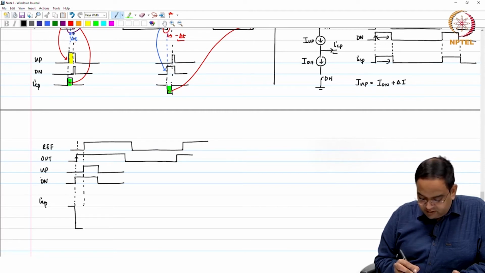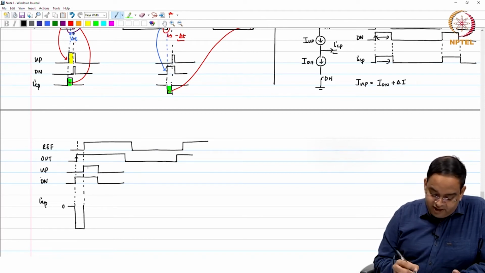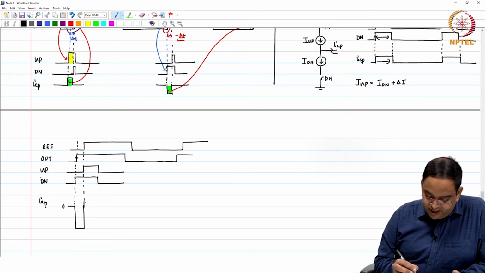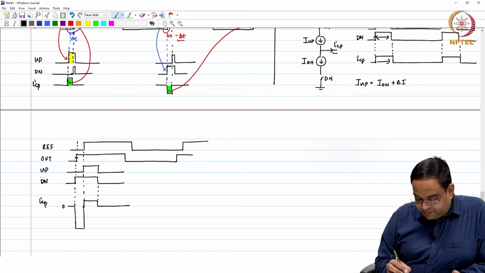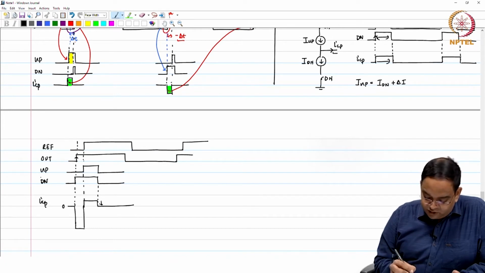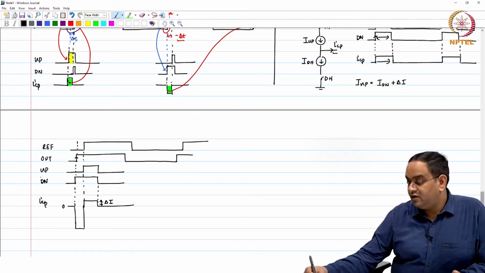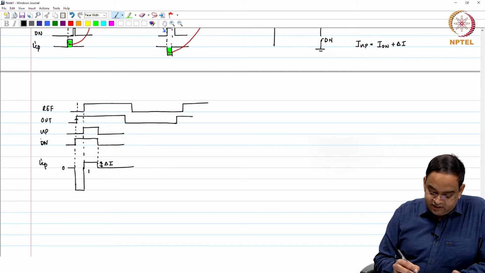I am just doing it like this, from 0 level this is going to be minus I down, and when you have up and down both the pulses high, at that time you are going to get this delta. So, this was the mismatch between your up and down current sources, and this is your actual down current.